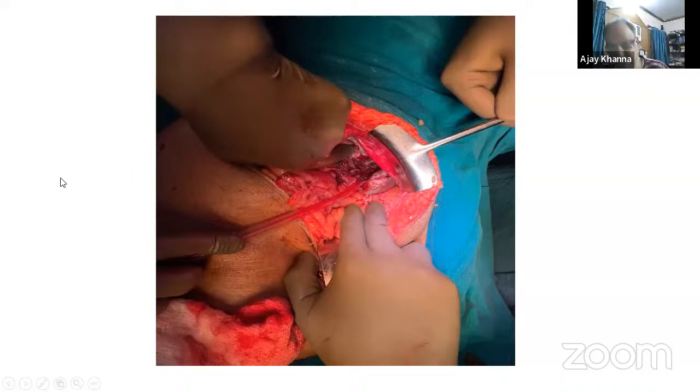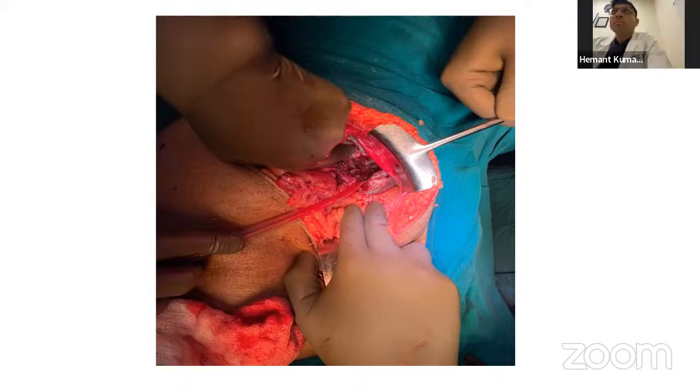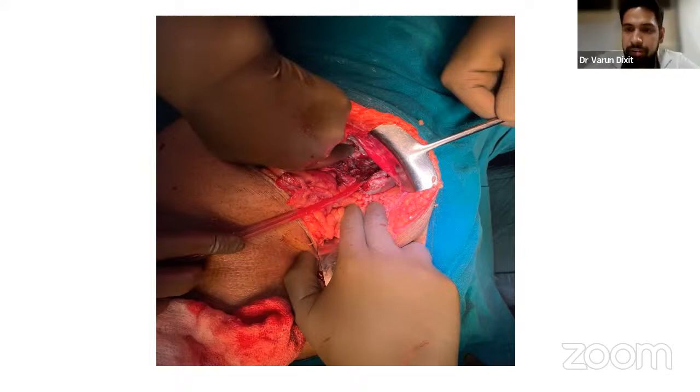If your patient was not ready for the surgery, not giving consent, could you have done something else in this patient? We could have gone for a percutaneous drainage, ultrasound guided or CT guided, but since there was a loculated cyst on CT, we planned for splenectomy, sir. The patient is not giving consent for that.